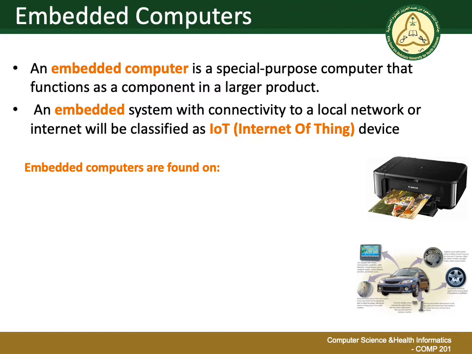I will give you an example here. If we embed a computer in our fridge at home, we can control it and link it to a network in our house. You can control the fridge from outside when you are traveling or sleeping, or when you are in your bed.